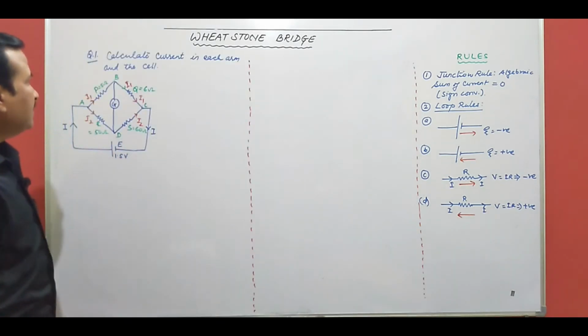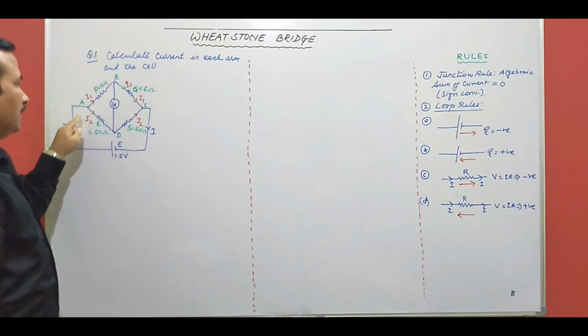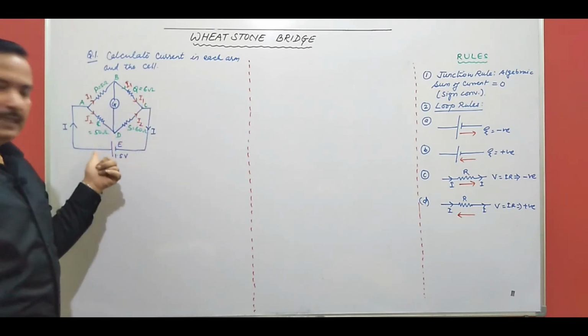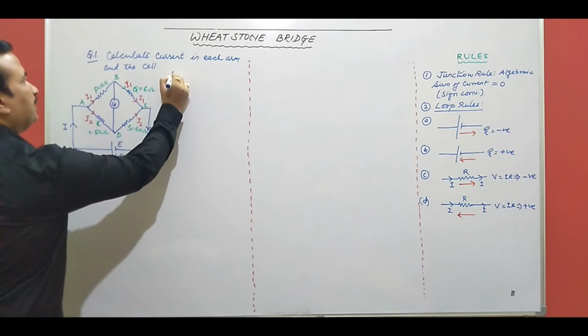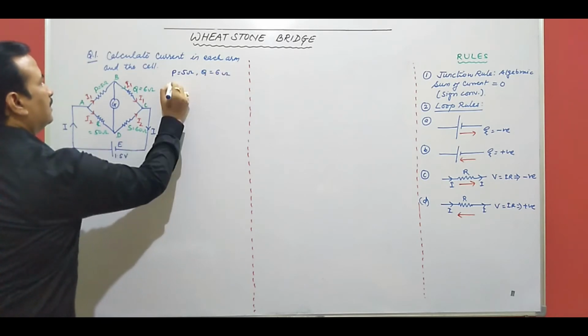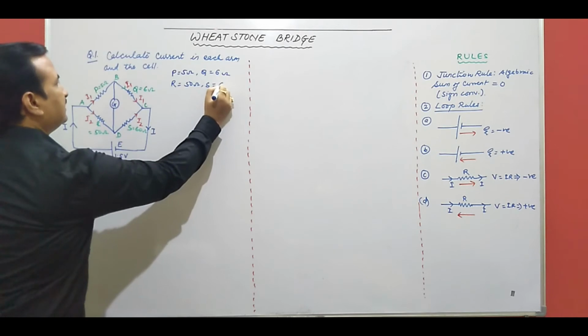We will take this question where we need to calculate the current in each arm and the cell. So how much current is there in each arm, and the current through the cell. So you see here P is given 5 ohm, Q is 6 ohm, R is 50 ohm, S is 60 ohm.